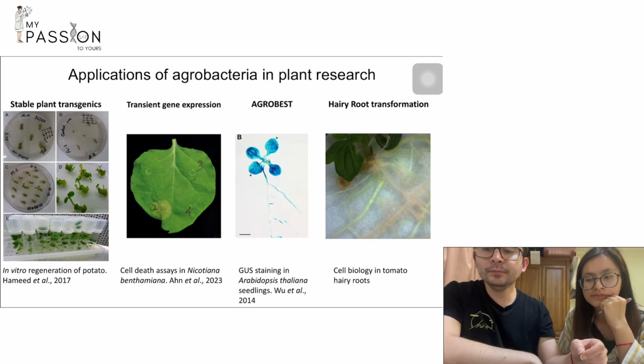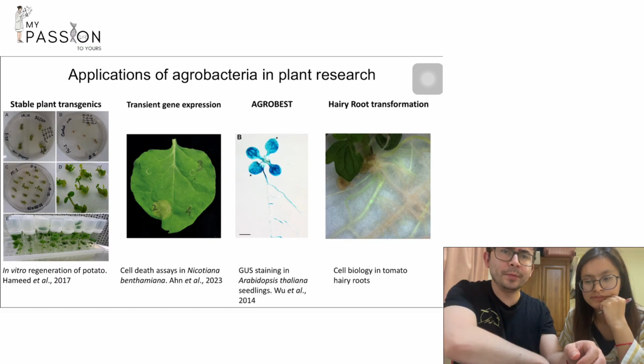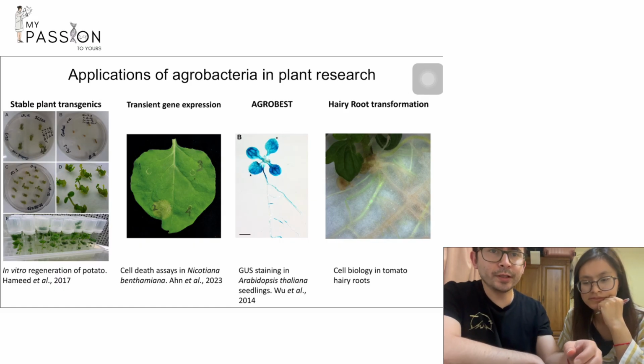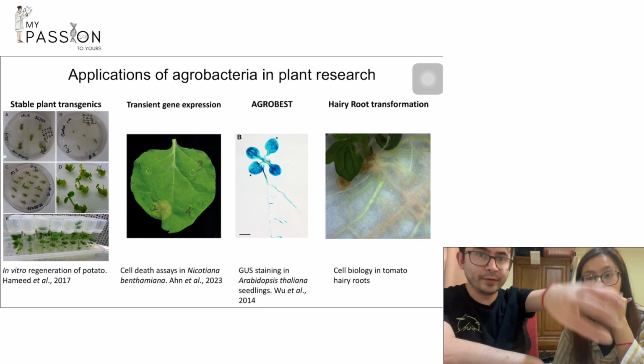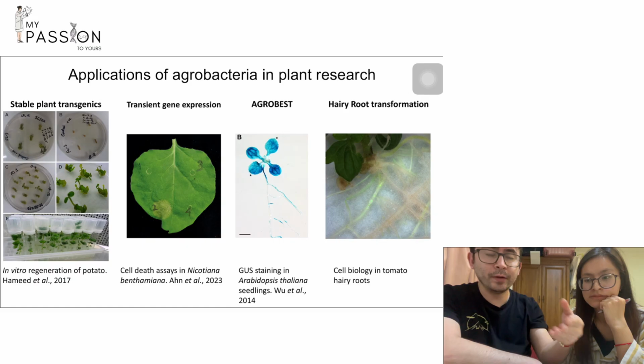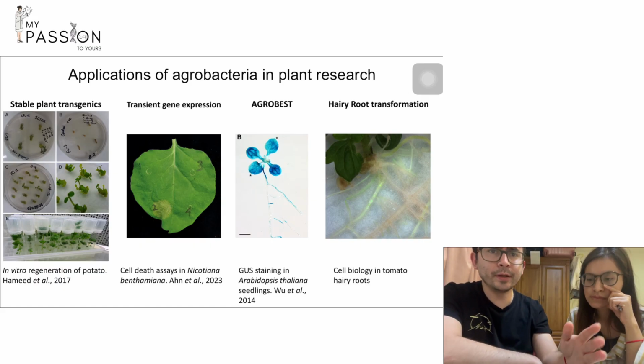Okay. And there are two main ways to do a stable transformation. One of them is floral dipping, which is literally just putting the plant in a bacteria solution, and that's it. And then the plant eventually produces seeds, and those seeds give plants that are fully transformed. Okay, this is mostly done in Arabidopsis thaliana.